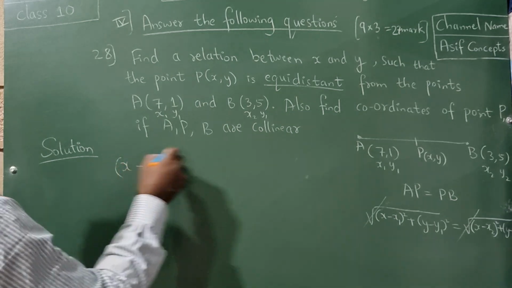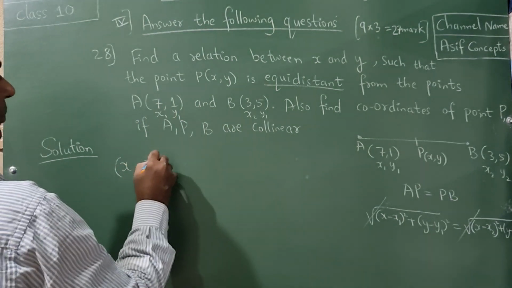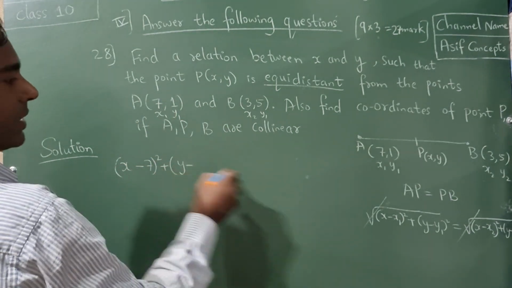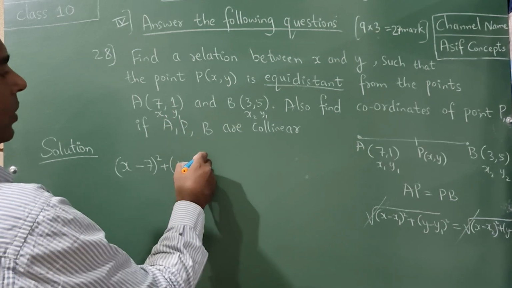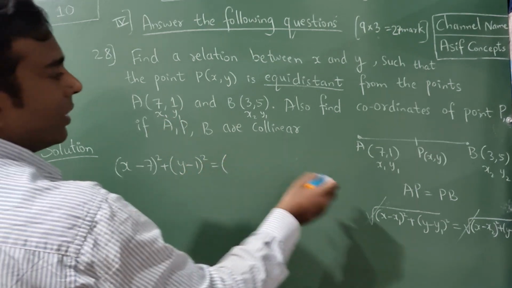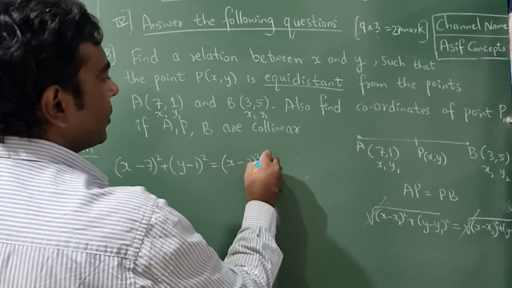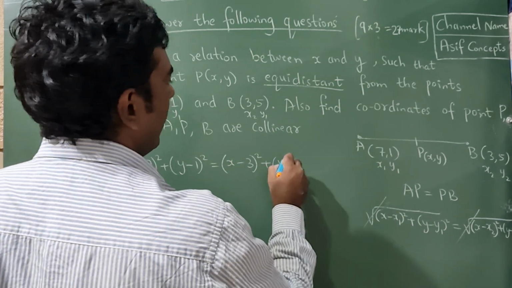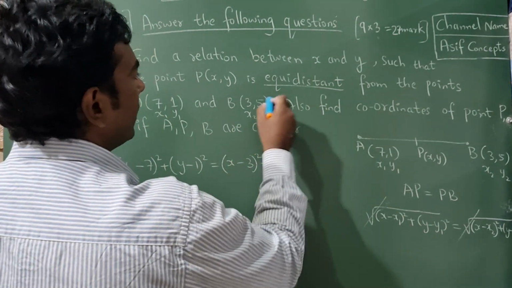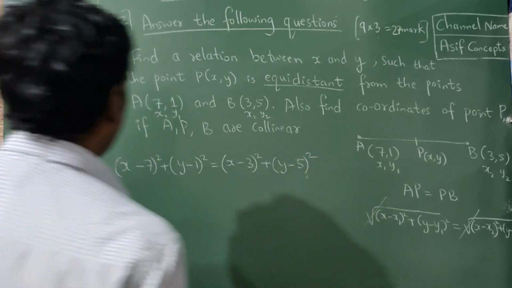So x minus x1 value is 7 and y minus y1 value is 1 square. x minus x2 value is 3 square and y minus y2, so it is 5 square.